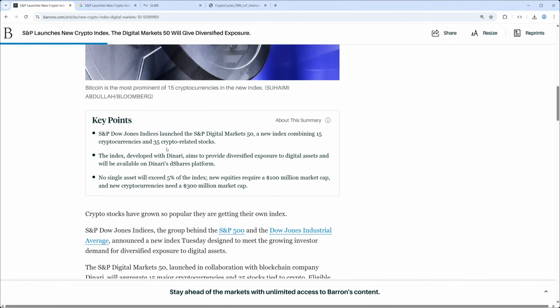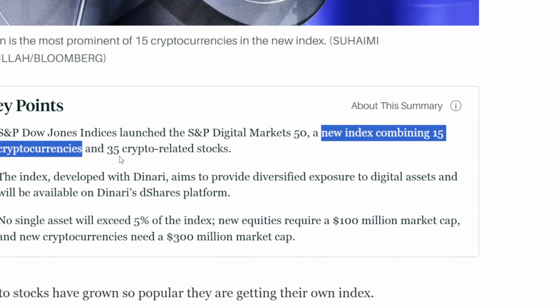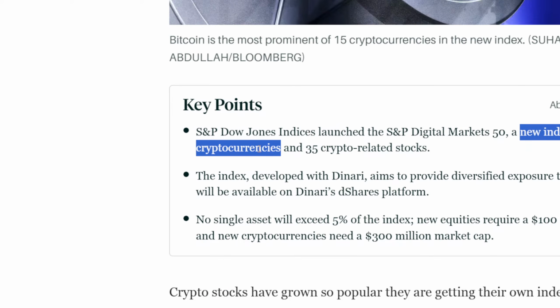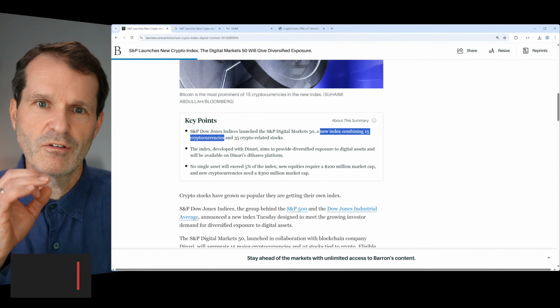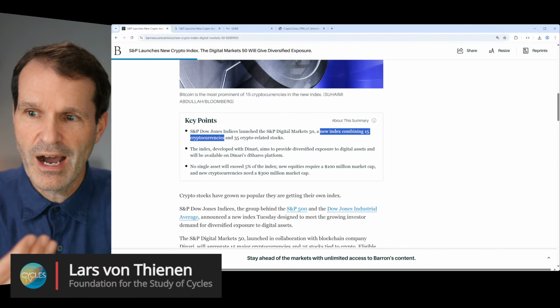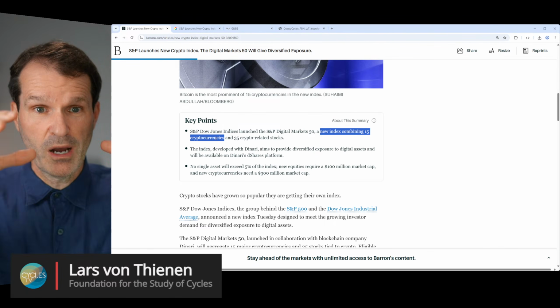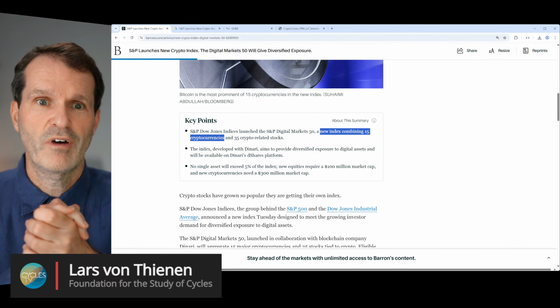It's a new index combining 15 cryptocurrencies, so that's what S&P is also starting to prepare. We clearly see that there is a global demand to really view Bitcoin through a macro lens. So S&P will provide that data.